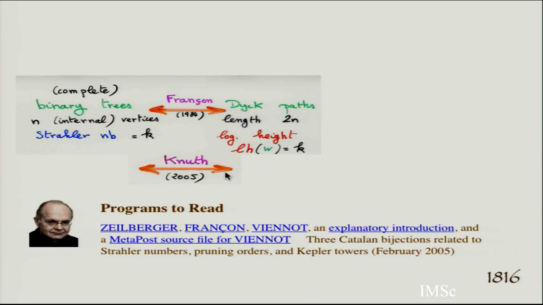But in fact, there is a bijective proof of this, and he has written some programs, three Catalan bijections, on the website. So he has another bijection, you see. There is a bijection between systems of Kepler towers and Dyck paths like this, and this bijection. So there are two bijections, which prove that these three combinatorial objects, binary trees, Dyck paths, and Kepler towers, have the same distribution according to the number of towers.